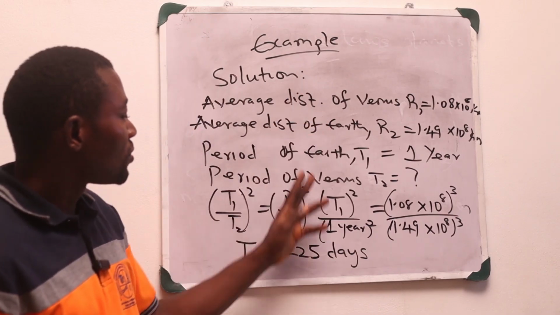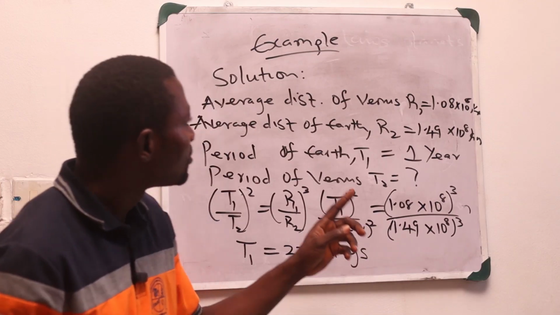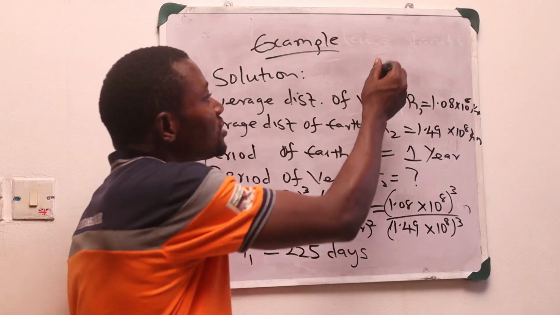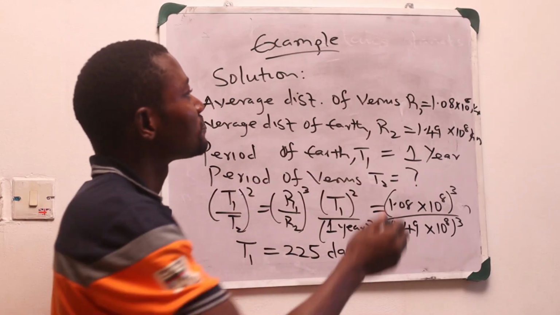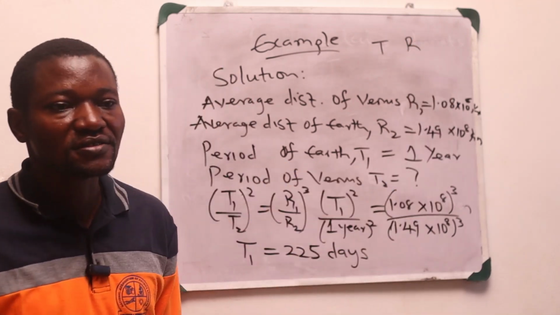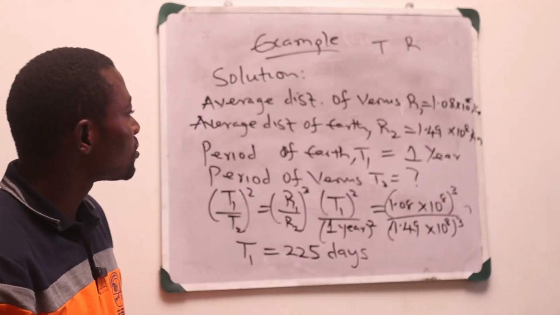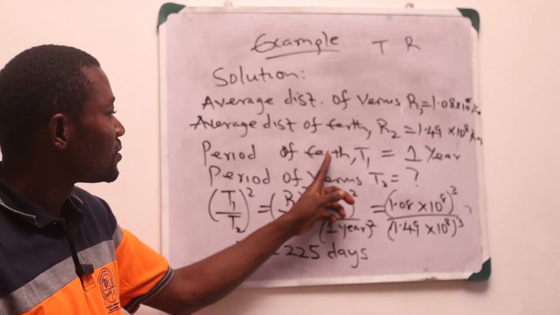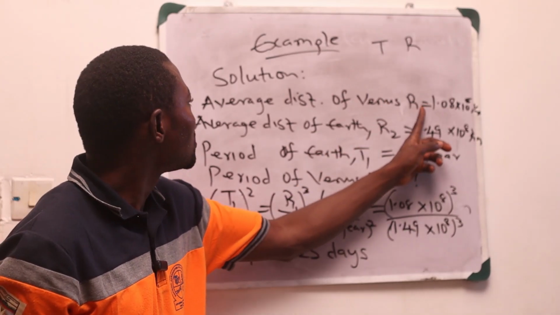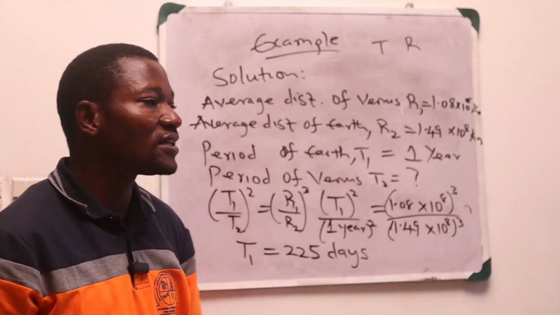So if you have a question of this nature from Kepler's third law relating to planets, the period and the distance. In this question, we have two planets, the Earth and Venus. We know the average distance of the two planets.